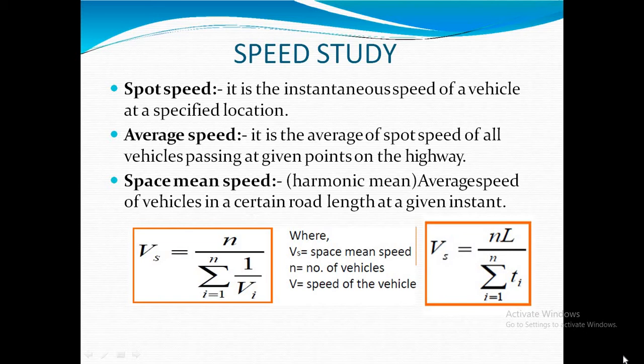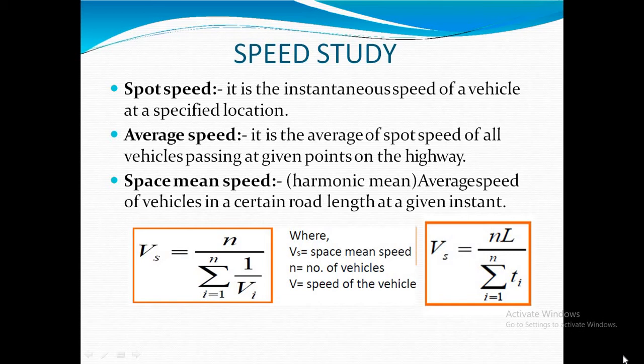Another one is the average speed. The average of the spot speeds of all vehicles passing a given point on the highway at that particular point. And there are two definitions for the average of a series of spot speed measurements: one is space mean speed, another one is the time mean speed.